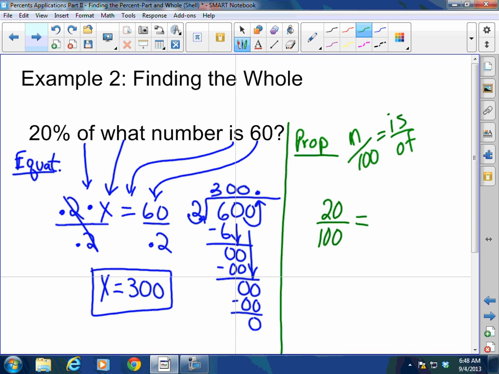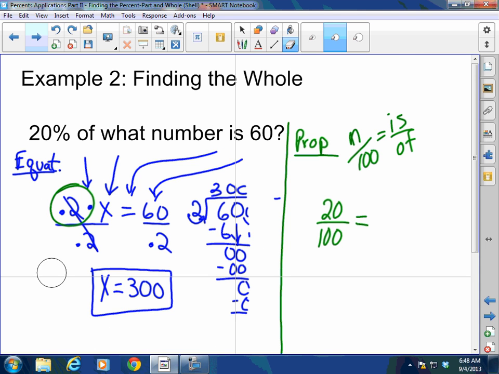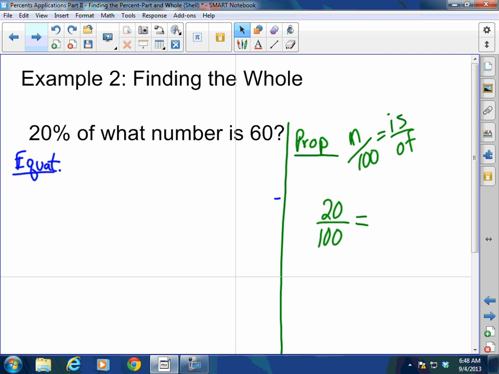Now, you may ask, why don't you turn that into a decimal, Mr. Morrow? Why do you turn it into a decimal here, but not here? Well, you could have done it 20 over 100 on the equation side. And actually, now that I think about it, let's stay consistent. Let me go ahead and go back to this for a second.